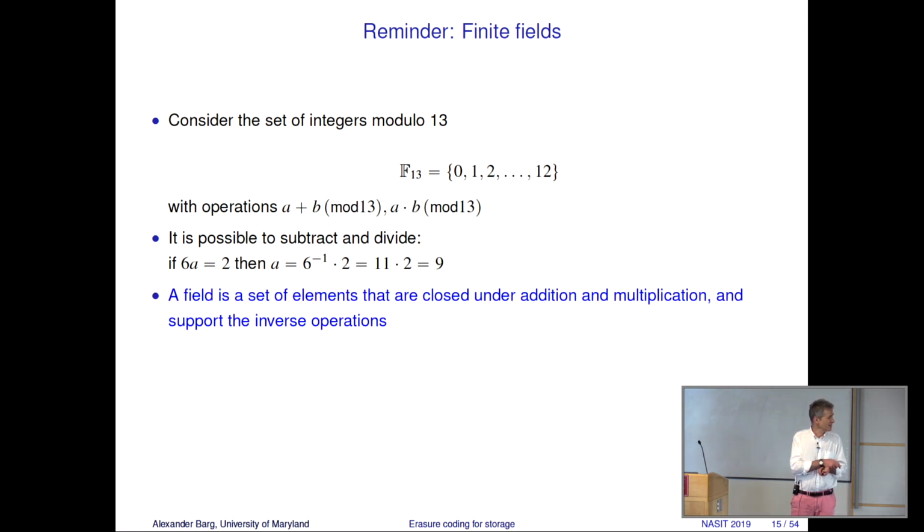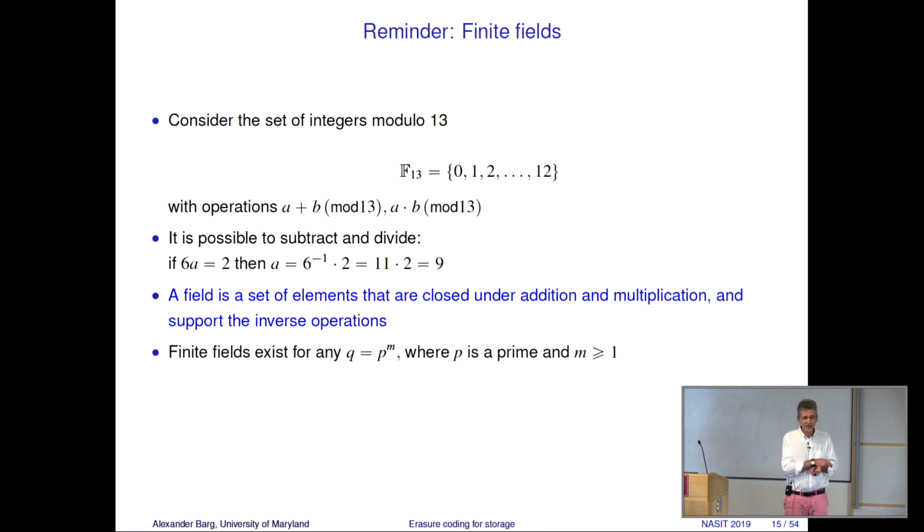A field, well, we already have said that. Finite fields exist for any size, for any cardinality q, which is a power of a prime. So 13 to the power 1, or 2 to the power 6, and so on. And for any given size, the finite field is unique, meaning that it is not possible to construct two different fields that are not isomorphic to each other.